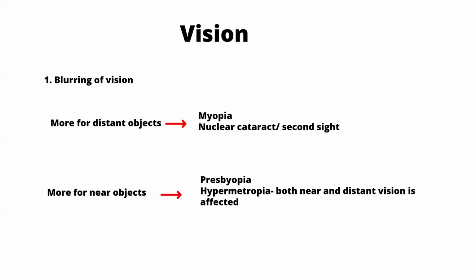After 40 years, you'll see that they have difficulty in near vision, but they have a good distant vision. In hypermetropia, they have reduced vision for both distant and near. Remember, it's not only for near. So when there is reduced vision more for near objects, please don't say hypermetropia just because you said myopia for distant objects.